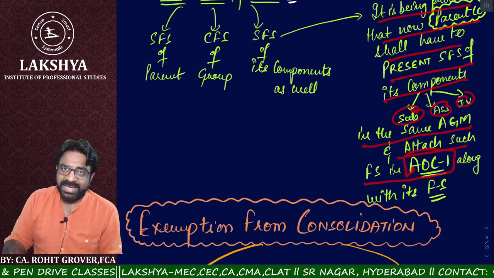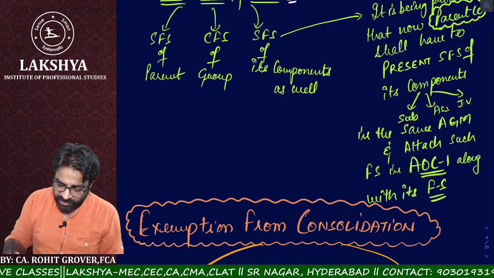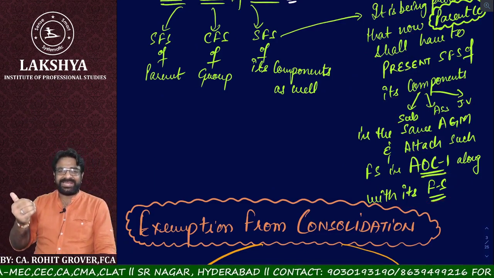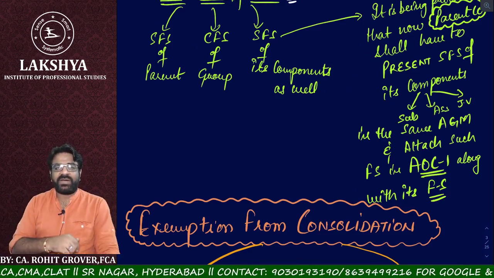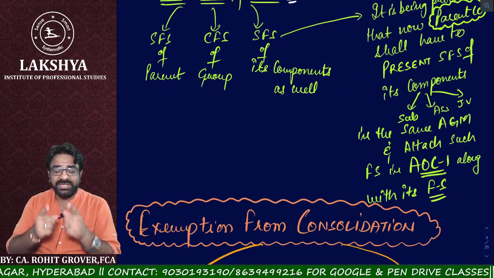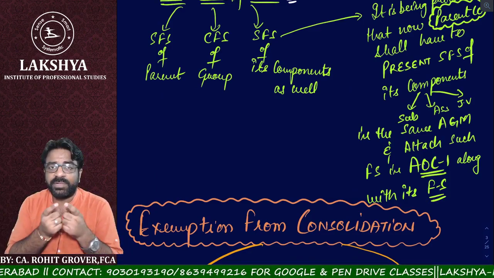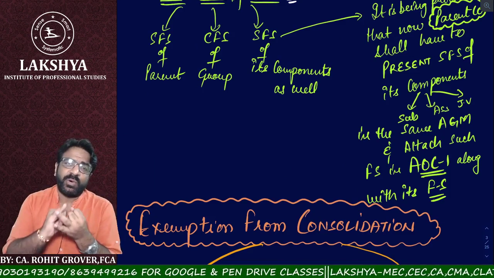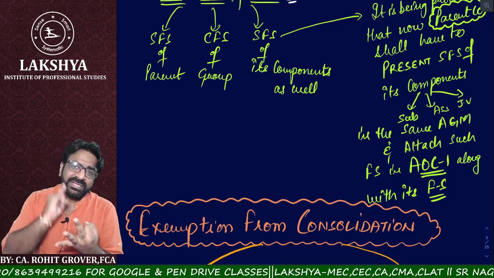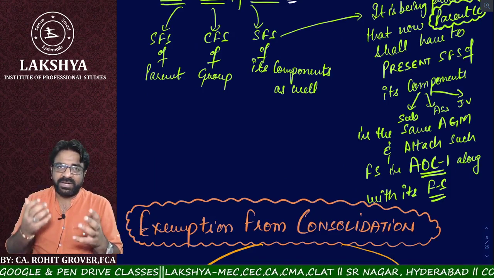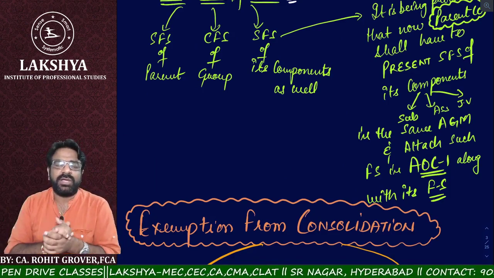What is the format? AOC1 format, along with its own financial statements. So when you are sending your own financial statements, you also have to attach the standalone financial statements of your components, subsidiaries, joint ventures and associates, along with the financial statements of the parent company. It is also required to be sent to the members.